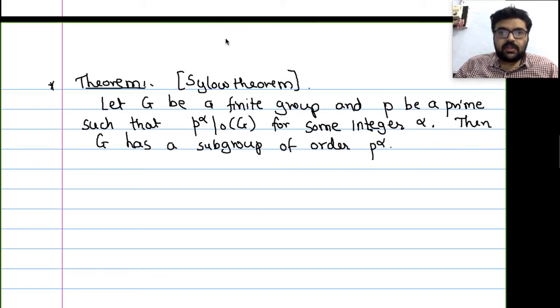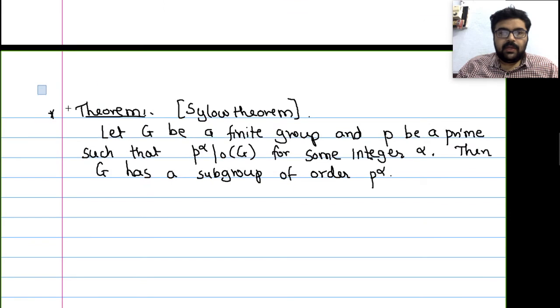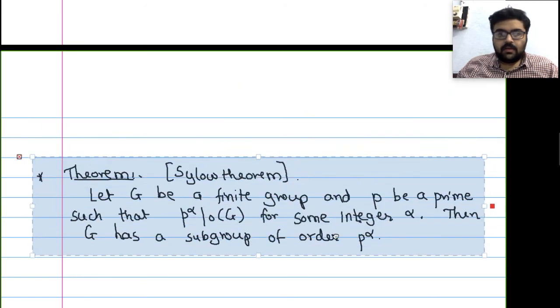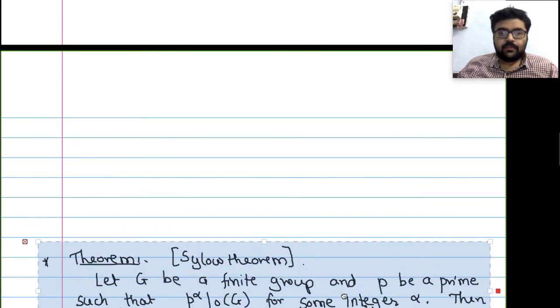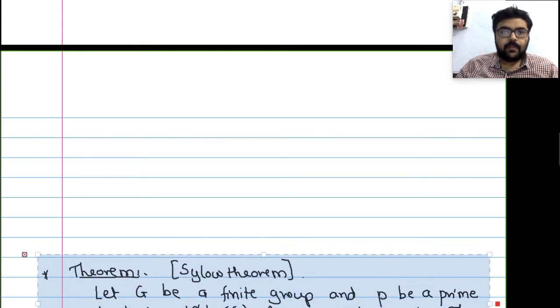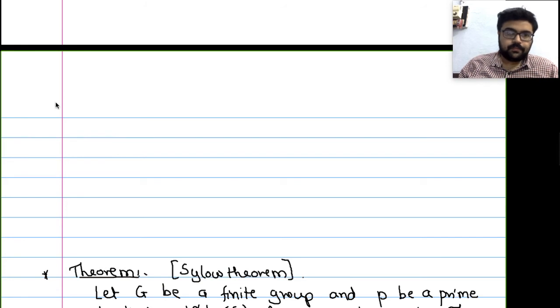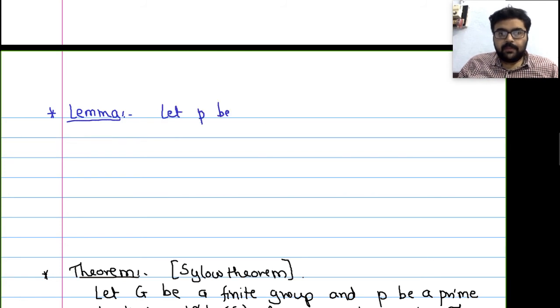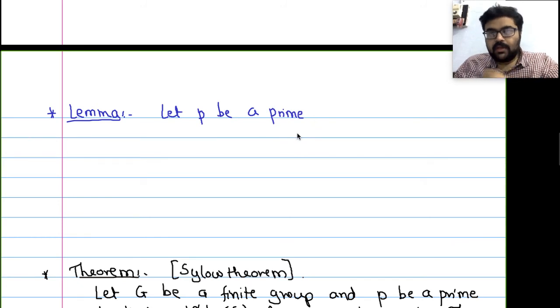For the proof of this, we need a lemma. This is just a combinatorial argument, and it has no importance except that it is used once in the next theorem.